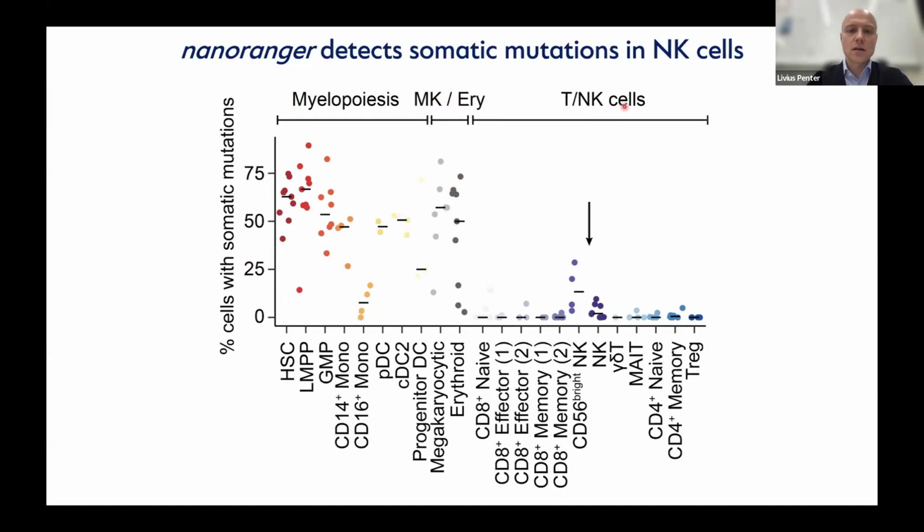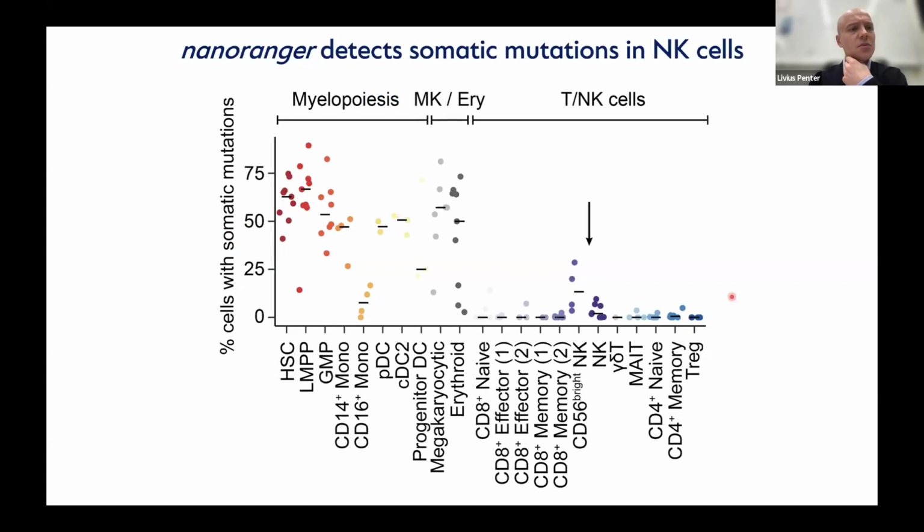But if we now look at the immune cells, we see that NK cells seem to stand out. So most T cells don't have any somatic mutations, but in the NK cell compartment, we do see somatic mutations. And this is, of course, interesting. The question, of course, is what's the reason for this?